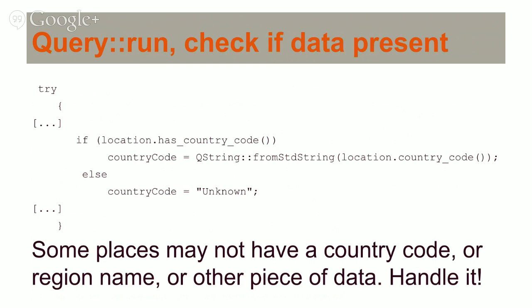But I have seen some pieces of the data not being available. Like you can get a country name and a country code, a region name and a region code. Sometimes these are not available for the given latitude and longitude. I'm not sure why, but if you're planning to use it, you want to do something like this and use the has country code or has region code type methods in the location object to see if it's there and get it.